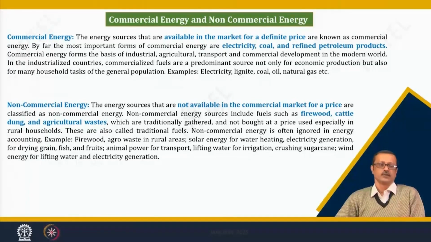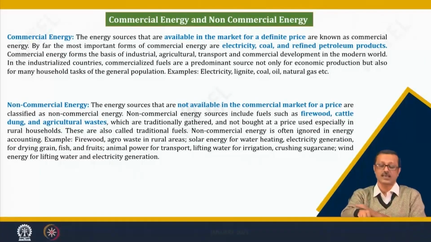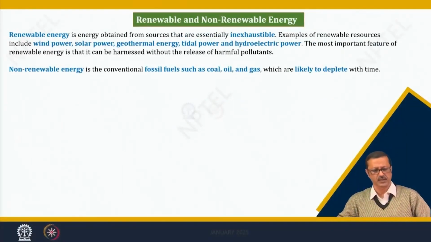Few years back it was more, now maybe gradually it is reducing, but those are also non-commercial energy where the government does not have any role to play in price indexing, but that is also there behind the screen as a use of energy in our country or any country maybe.